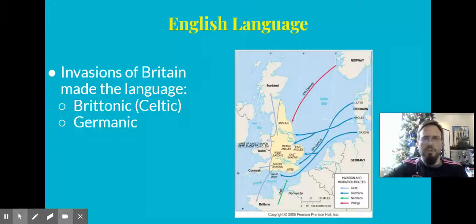So Celtic kind of got pushed down and we became a Germanic language first and foremost. But then that also got conquered and got a Romance layer when England was conquered by essentially the French. And during that whole period, you had the Catholic Church in there adding a layer of Latin to everything. So our language is crazy.